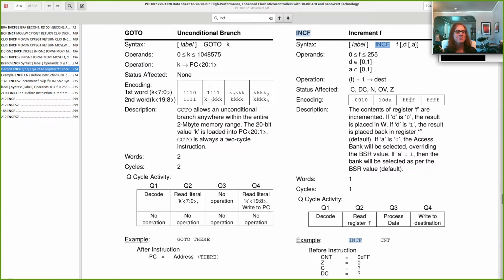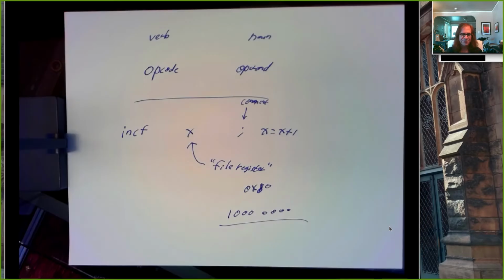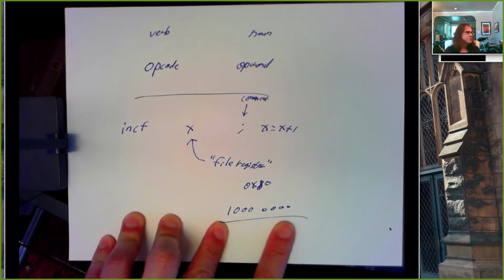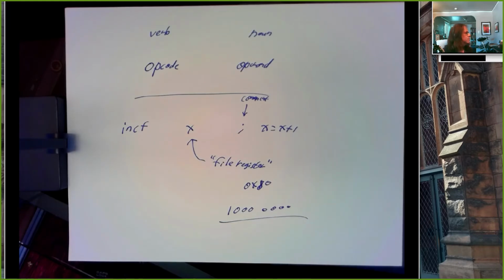This is just saying there's 8 bits of information here that correspond to the thing that you're trying to increment. So if I was trying to increment file register 80 hex, then those Fs would be 10000000. And when we work on actually converting between assembly language and machine code, we'll see more examples of this, and it will probably make more sense.